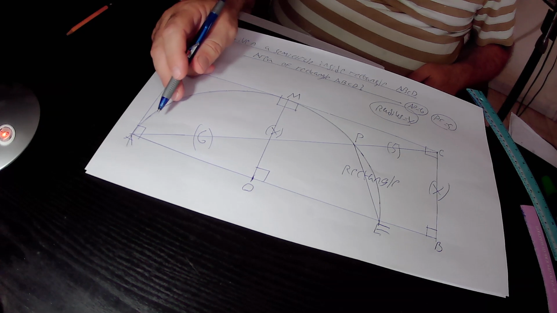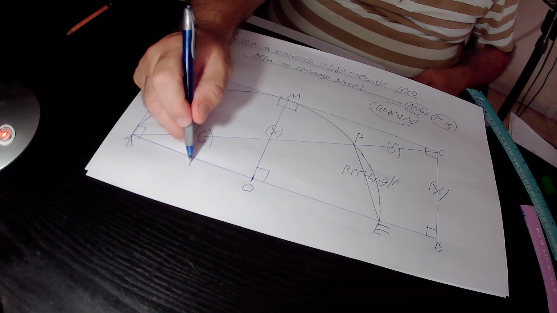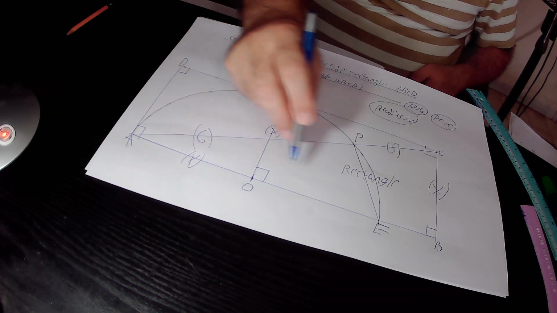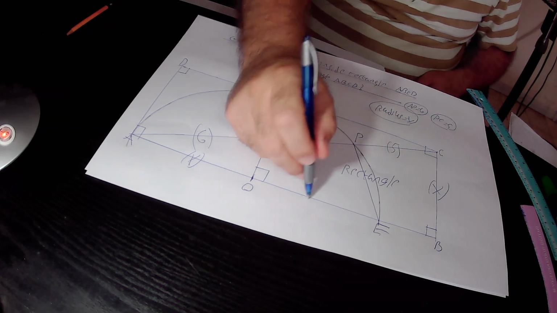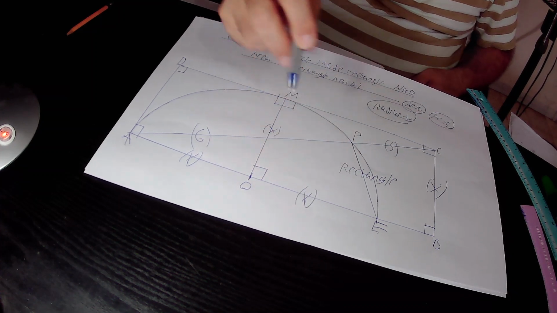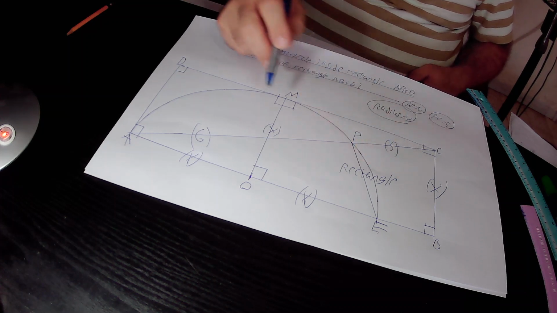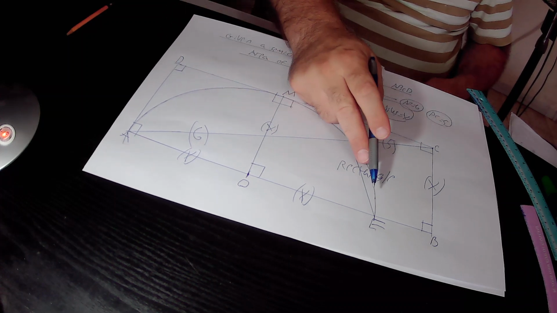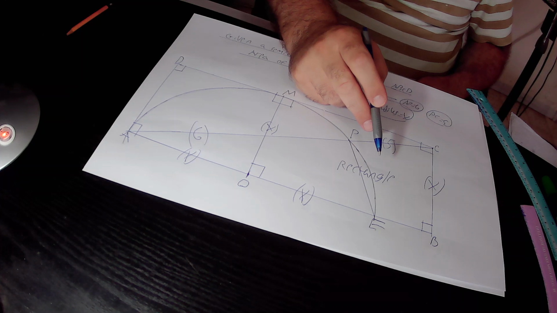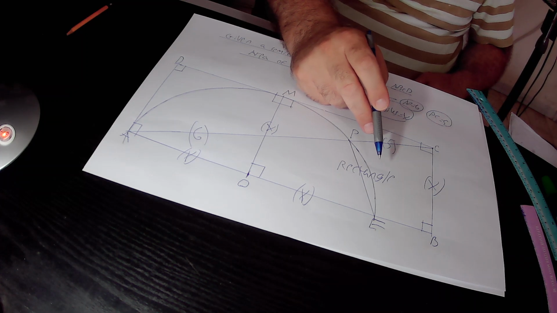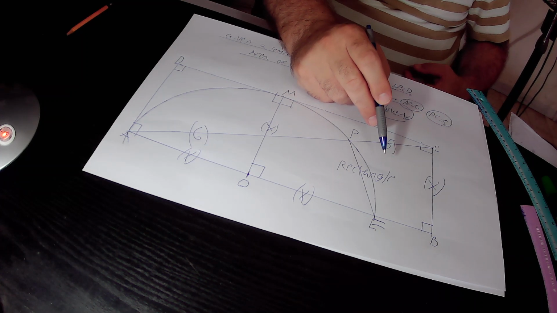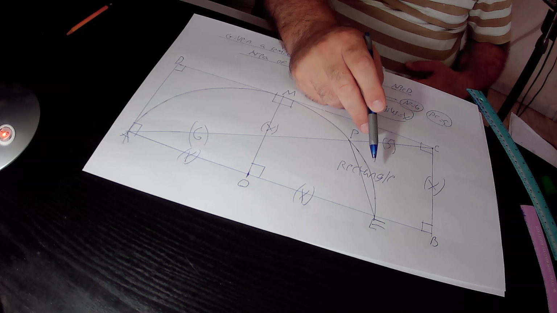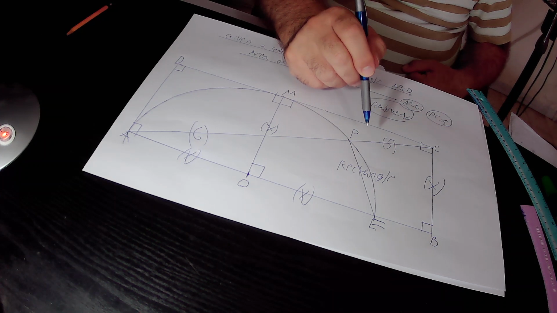OA is of course the radius of this circle that is X. OE is also the radius of this circle that is X. So peripheral angle APE subtends on AE, that is the diameter of this semicircle. And according to rule 7, any peripheral angle that subtends on the diameter of the circle or semicircle is equal to 90 degrees in its size.